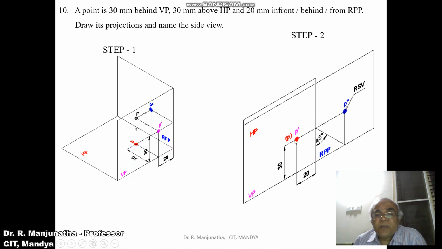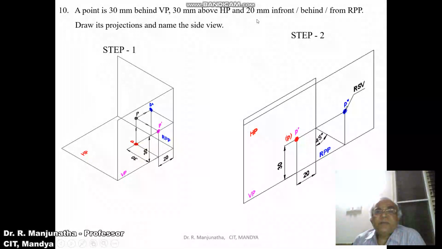The distance above HP is seen in the vertical plane, and that distance is 30 mm, and since behind VP is also 30 mm, when you rotate this by 90 degrees, both points are going to overlap because the distances with respect to VP and HP are equal. Since HP is the one which is rotated, the P in bracket is always the horizontal plane notation. That is our top view, without dash, so this is going to become small p.